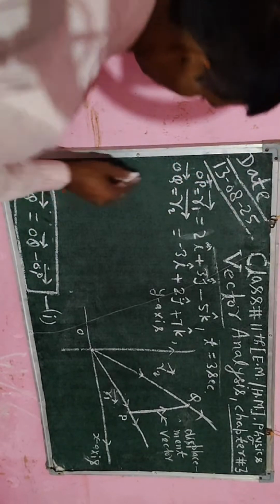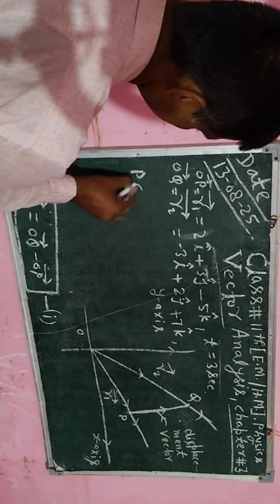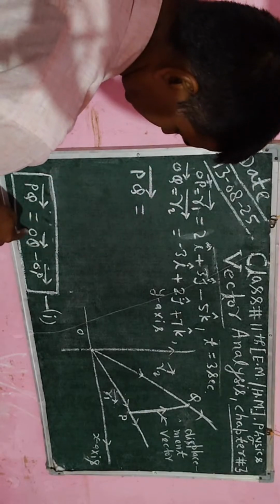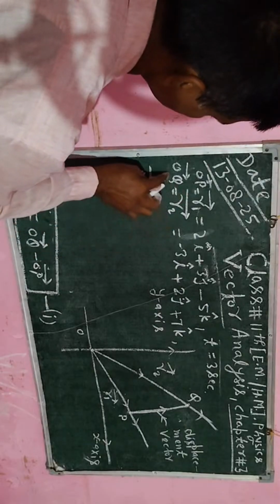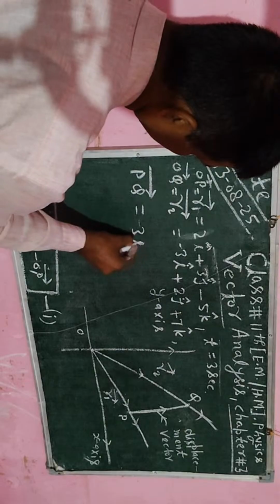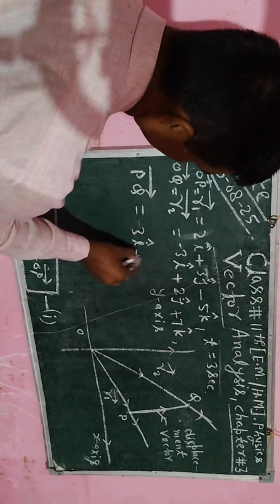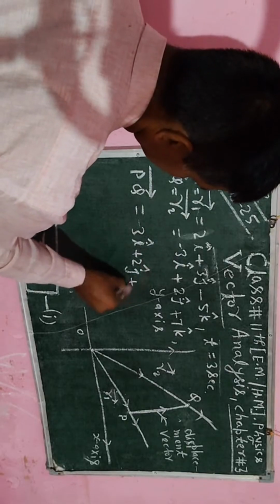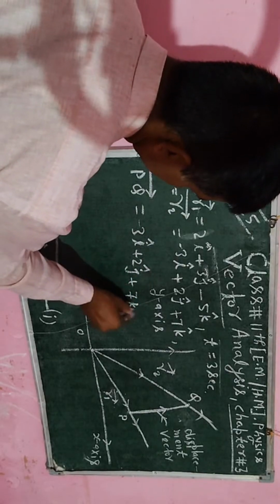Now here I am going to write vector PQ. Now in the place of vector OQ, vector OQ has this value, so I will put its value: 3 vector I cap plus 2 vector j cap plus 7 vector k cap.